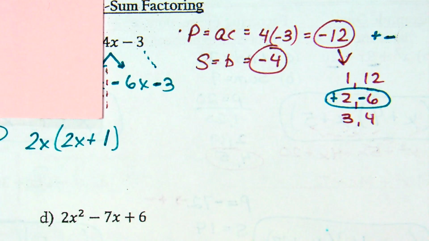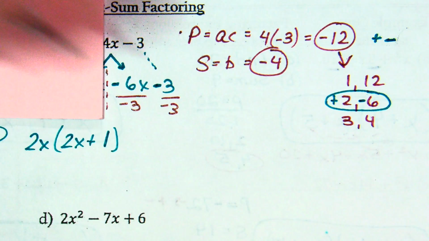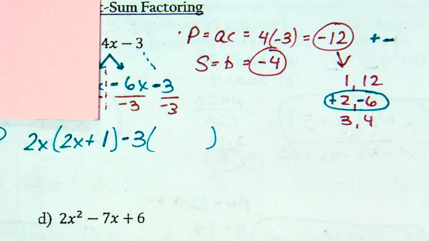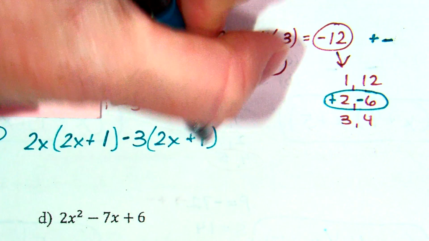So I'm going to divide by negative 3. That means I'm going to write a minus 3 down here. Negative 6x divided by negative 3 is 2x. Minus 3 divided by minus 3 is plus 1.